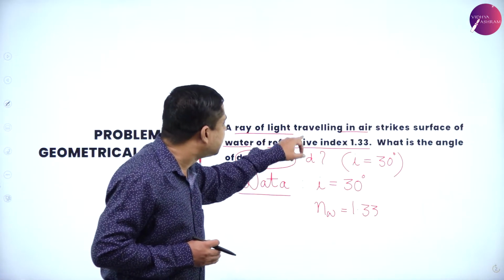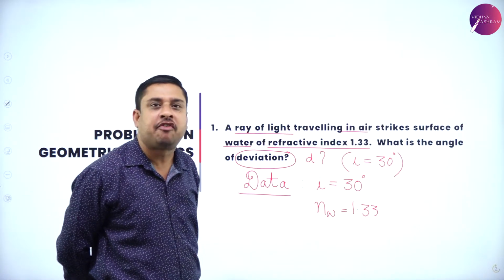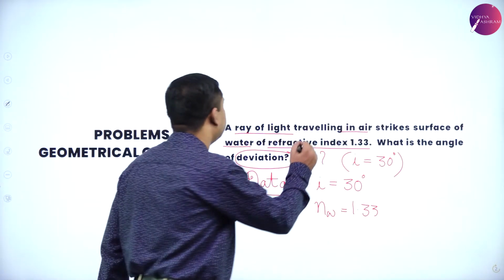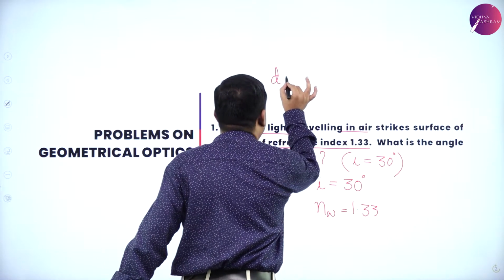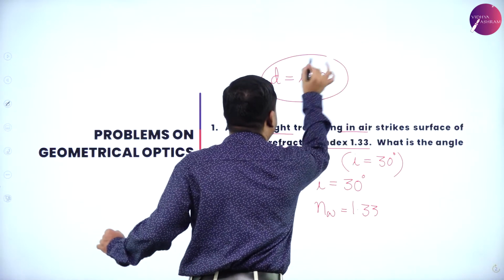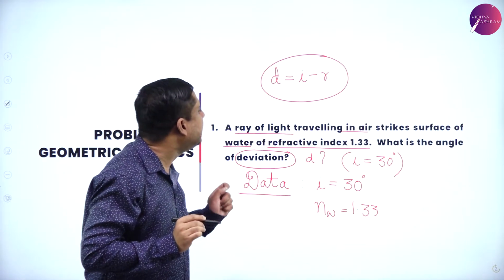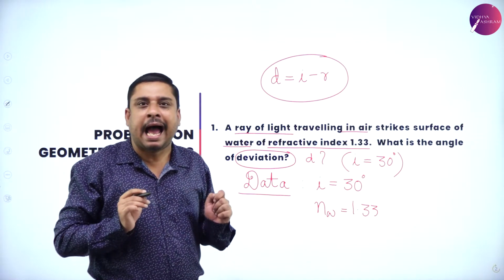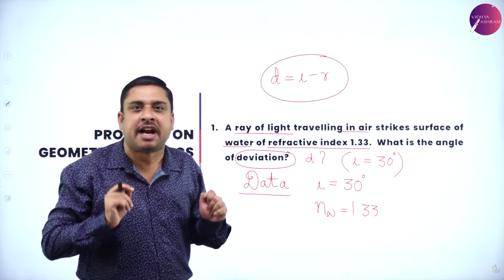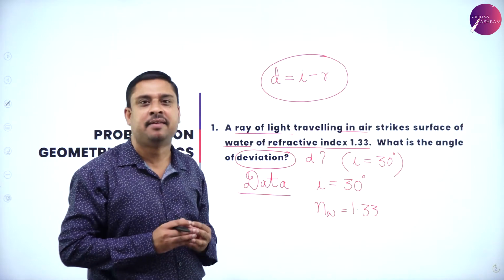With this, I have to calculate the angle of deviation. How do I do that? I know angle of deviation D is always I minus R. Angle of incidence minus angle of refraction is angle of deviation.